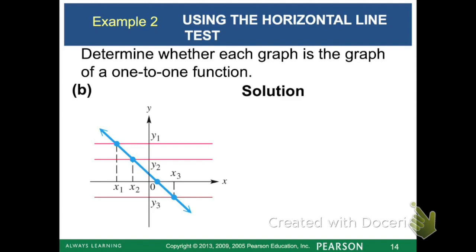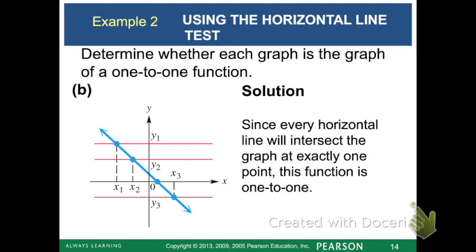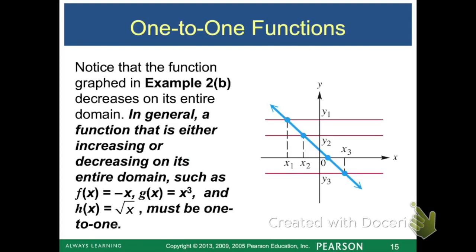This time I have a linear function graphed, and my horizontal lines all only cross at most once. So since every horizontal line intersects the graph exactly once, this function is one-to-one. In general, we can say that any function that's increasing over the entire domain or decreasing over the entire domain is going to be one-to-one.